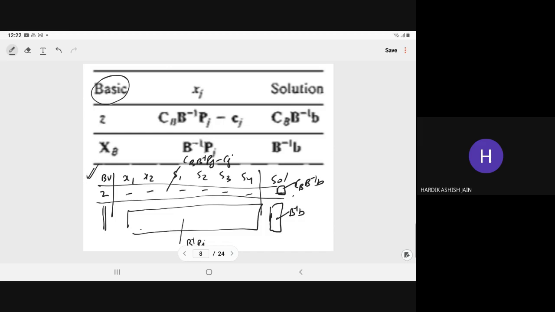So what is the disadvantage in this? If you have done any round-off error or any truncation error in any table, then it will propagate to all the following tables, right?